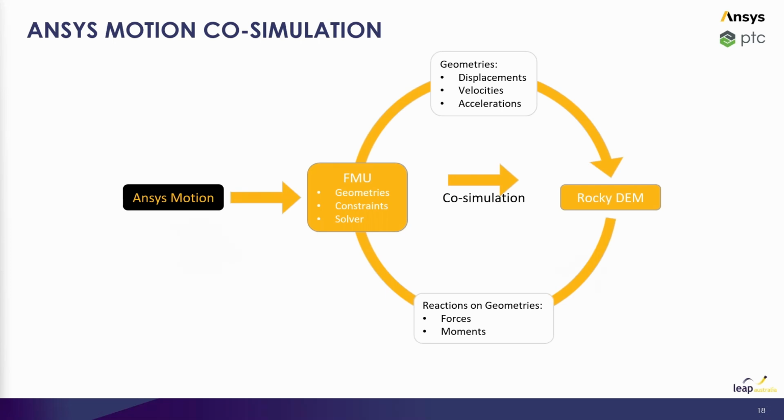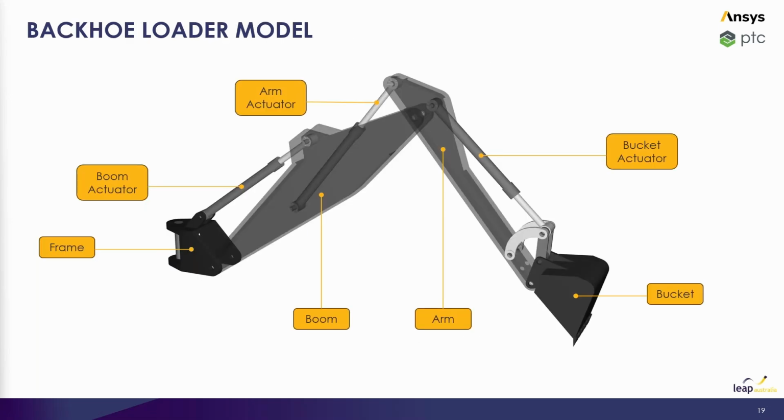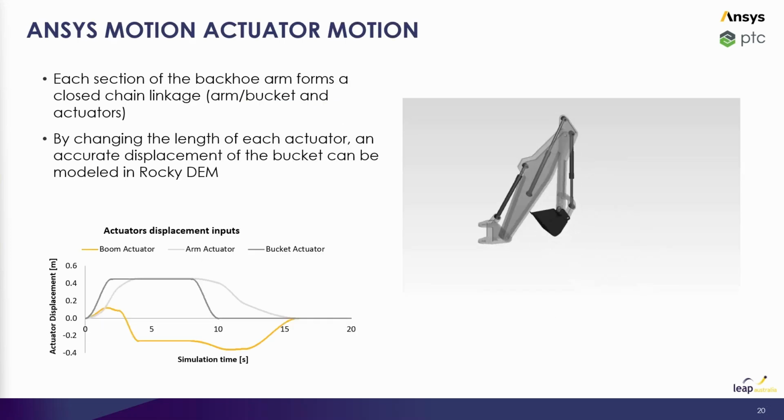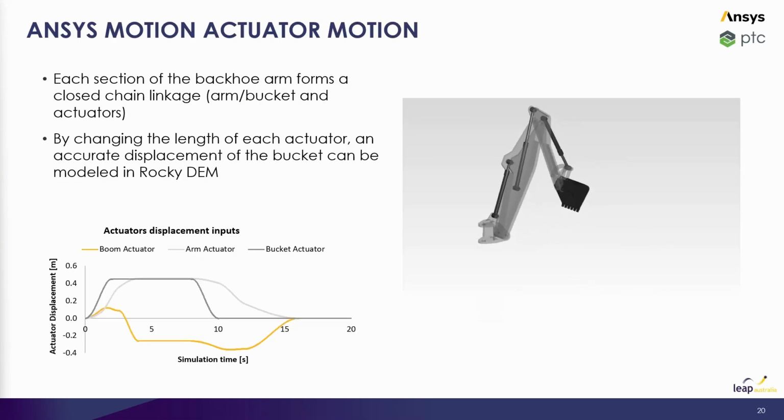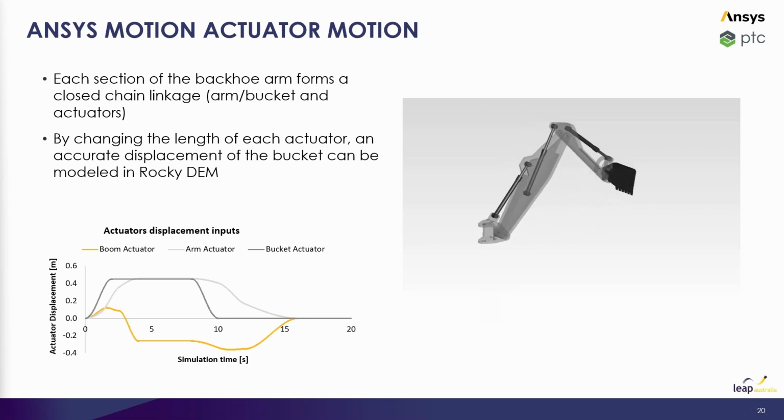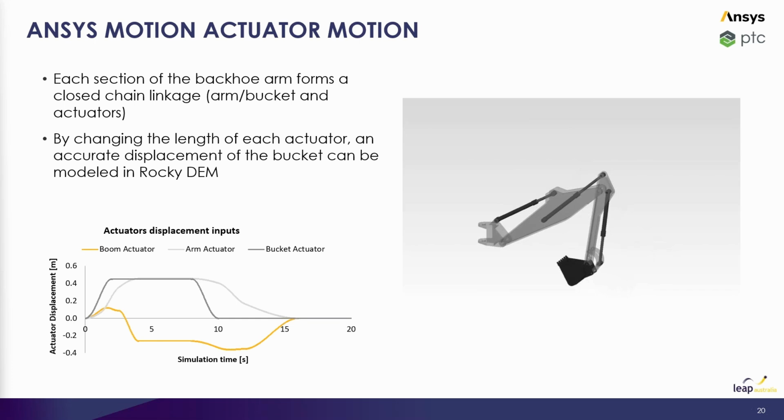So if we consider this scenario where we're just looking at the rear bucket assembly on this backhoe loader, now we can include the actuators and the transfer of force through the joints. In this model, displacements have been prescribed using equations which describe the motion profile. And you'll notice actually that the arm this time has a smooth displacement profile.